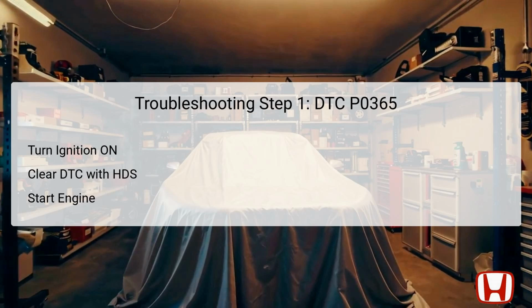Clearing the DTC allows for a fresh assessment when the engine is restarted. After clearing the codes, start the engine to observe whether the P0365 reappears. If this DTC is indicated again, this means a failure has indeed duplicated. Conversely, if the DTC does not appear, it may indicate an intermittent issue that requires further inspection of connections and terminals at CMP sensor B and the PCM.